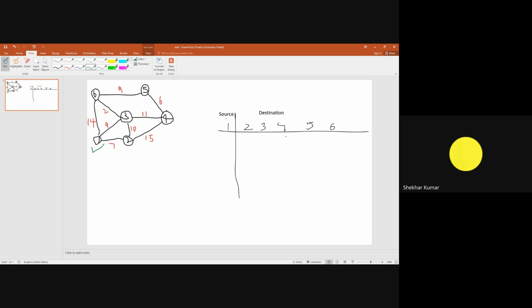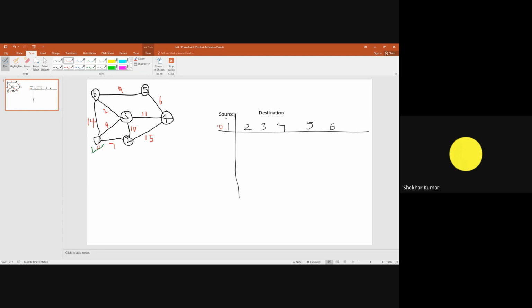In this algorithm, at first, we mark the distance of source node from 1 to 1, that is our 0, because from same node to same node it is 0, and we set all the other nodes to infinity.